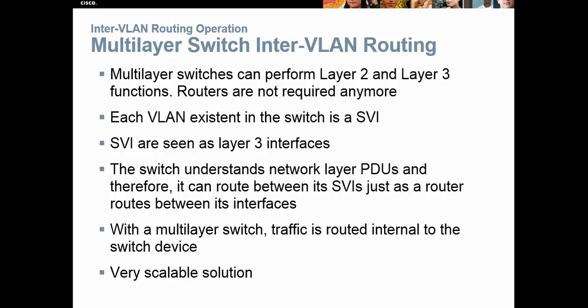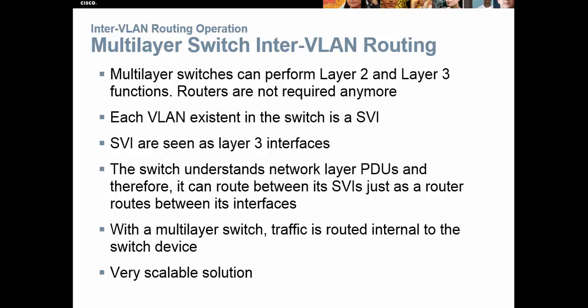With multi-layer switches, you can perform layer 2 and layer 3 functions. Routers are not required anymore, and each VLAN existing in the switch has an SVI. The SVIs are seen as layer 3 interfaces, and the switch understands network layer PDUs, and therefore it can route between its SVIs just as a router routes between its interfaces.